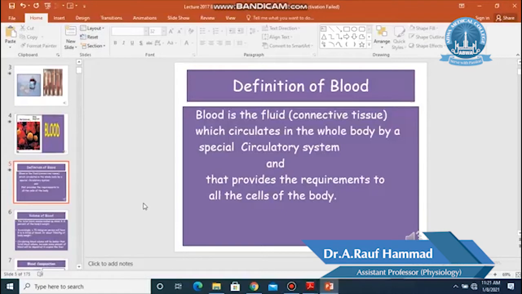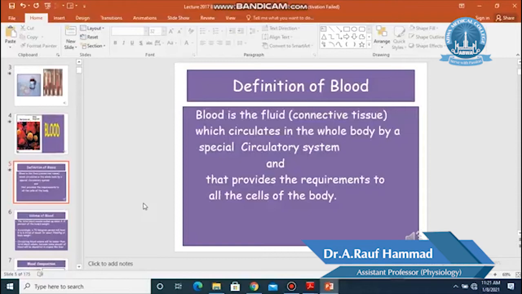It also comes in the group of connective tissues. Blood is the fluid which circulates in the whole body by a special circulatory system, and that provides the requirements to all the cells of the body.